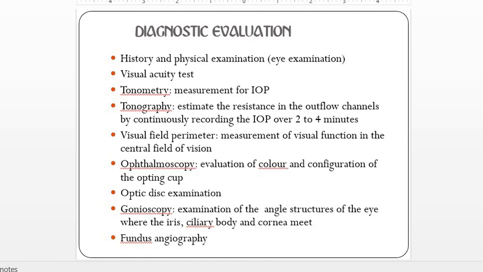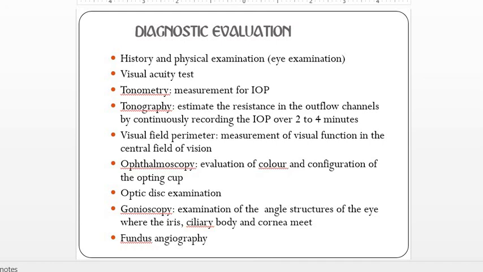Now, diagnostic evaluation. Diagnosis is firstly based upon history and physical examination, that is ocular examination, visual acuity test, tonometry, which is done for the measurement of the intraocular pressure, tonography for the estimation of the resistance in the outflow channels by continuously recording the intraocular pressure over 2 to 4 minutes, visual field perimetry, measurement of visual function in the central field of vision, ophthalmoscopy, evaluation of color and configuration of the optic disc, gonioscopy, which is for the examination of the angle structure of the eye, that is the iridocorneal angle, and fundus angiography.